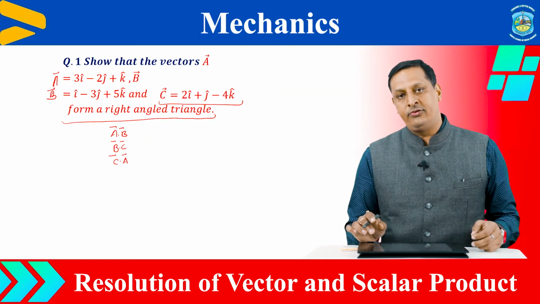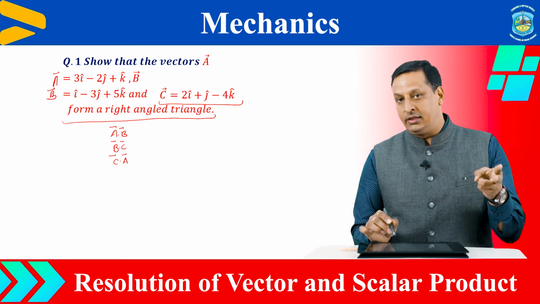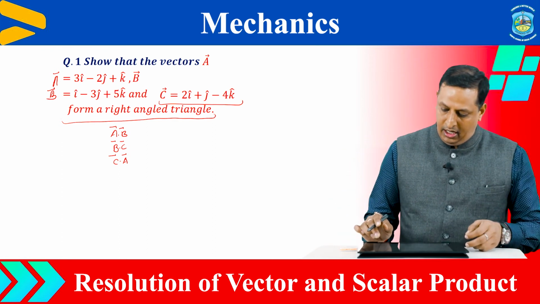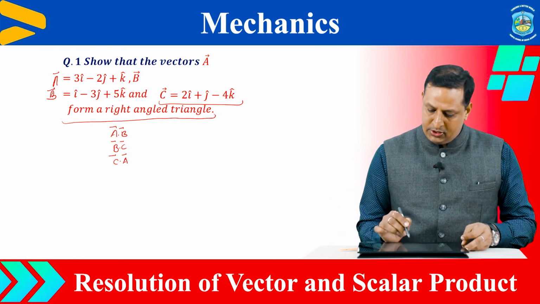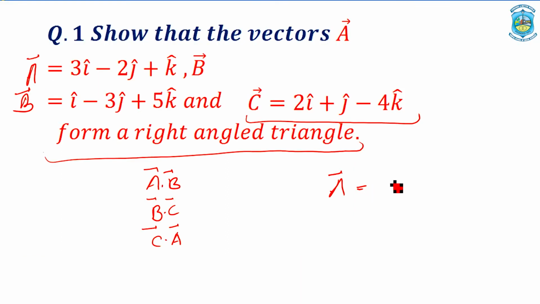Another condition for the formation of a triangle is that the sum of any two vectors should be equal to the third vector. So, here we can have a general observation that the A vector is equal to the sum of B vector plus C vector. Let us find out the sum. Vector B is this one, vector C is this one.